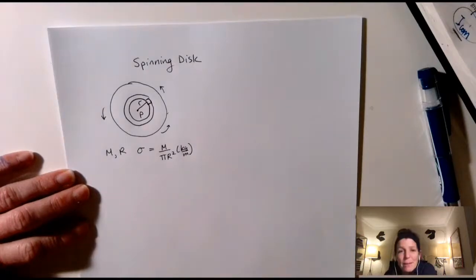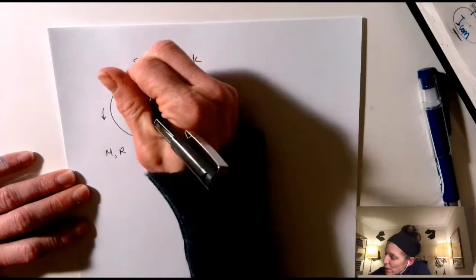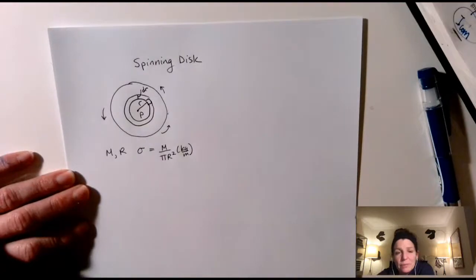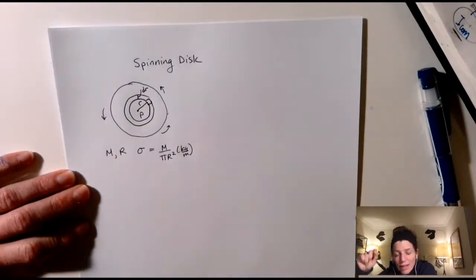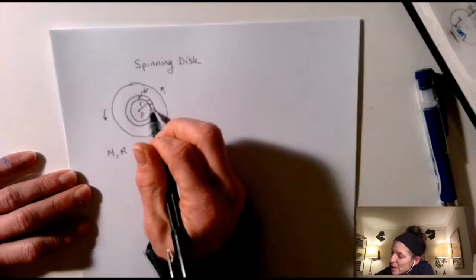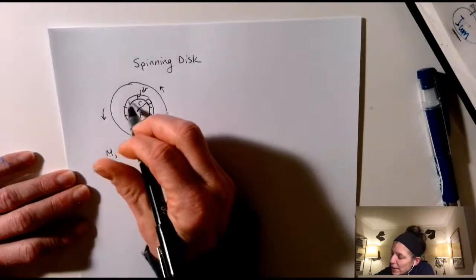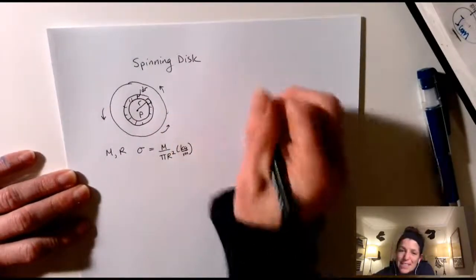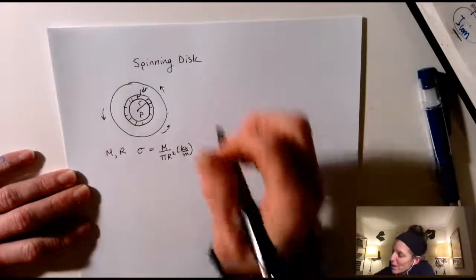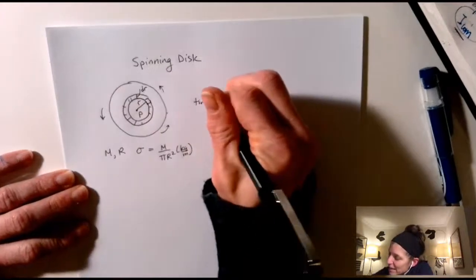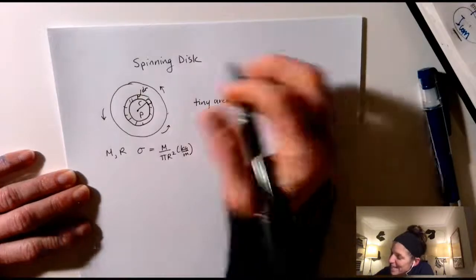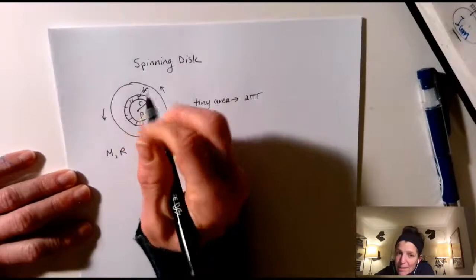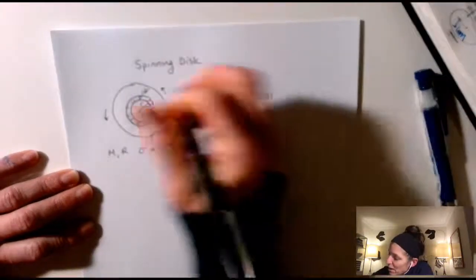So I'm going to make my dm a tiny little ring of width dr. That's super tiny, and so thin that I can basically approximate the area of this little ring, which I could call dA, as 2 pi r, which is a ring at that distance r, times dr, the tiny thickness.